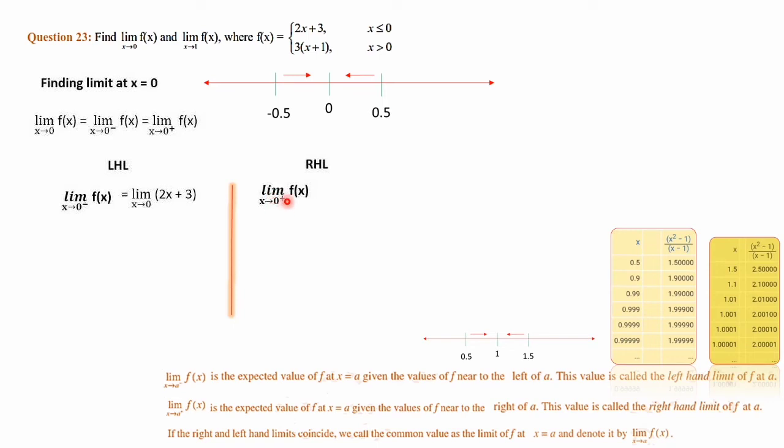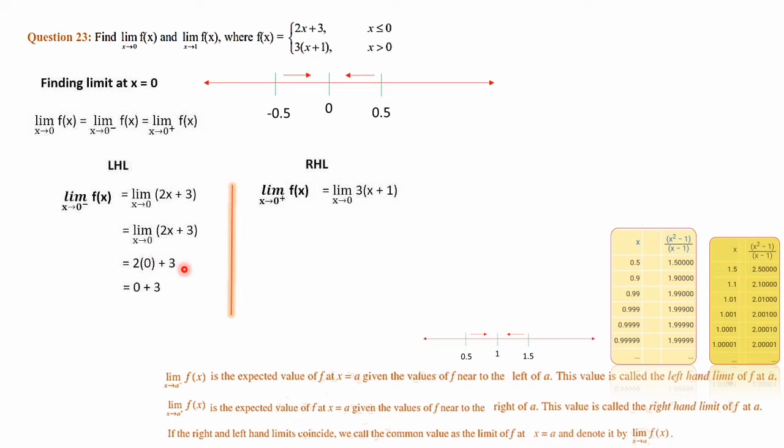That is what this plus means. f of x is equal to, when x greater than 0, means the right hand side of 0, this is the function we have to use. That is limit x tends to 0, 3 into x plus 1. Now calculations as usual, that is limit x tends to 0 of 2x plus 3, that is equal to 2 into, let's substitute here x is 0, that is 2 into 0 plus 3.